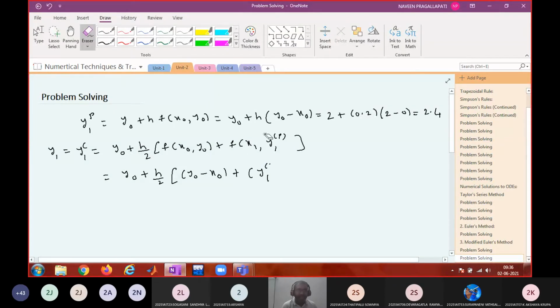What is the notation I wrote? Only y1p I wrote. You should not make ambiguity. y1p minus x1. Okay. So substitute now. y0 is 2 plus 0.2 by 2 into 2 minus 0 plus, now this is 2.4 minus x1 is 0.2. Simplify this.